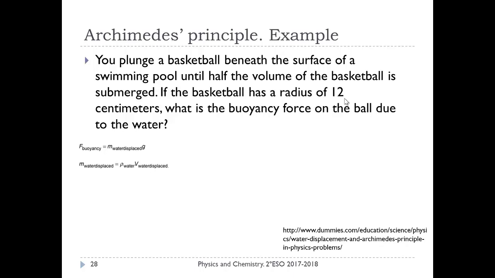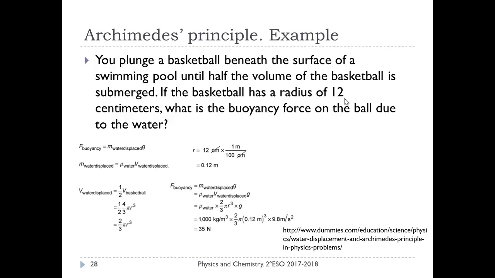We're going to first start by calculating the water displaced, which is going to be half of the volume of the basketball. Given a sphere, volume is 4/3 of pi times the cubed radius; we multiply by a half and get 2/3 of pi times the cubed radius. We convert the radius to SI units and solve this equation.